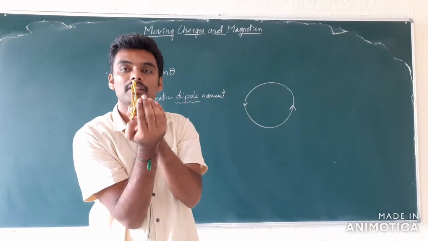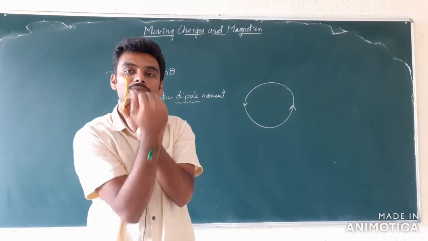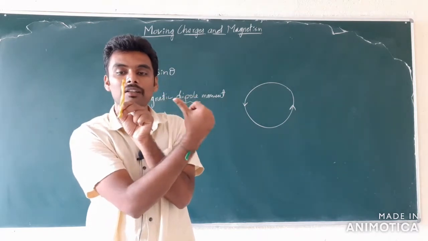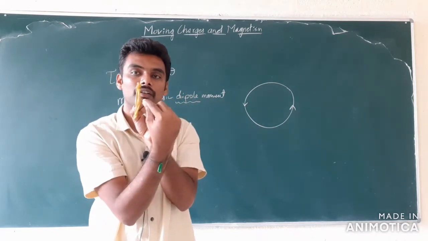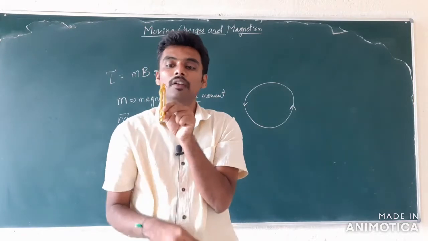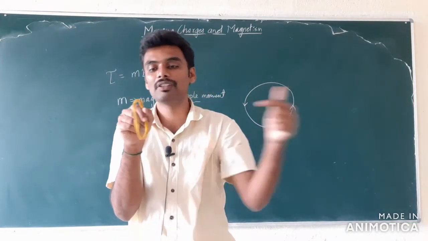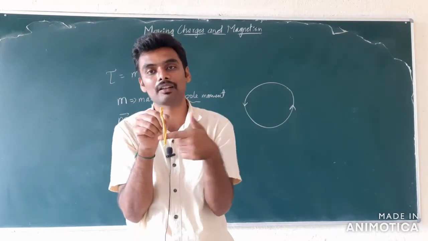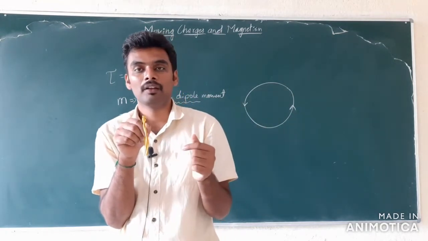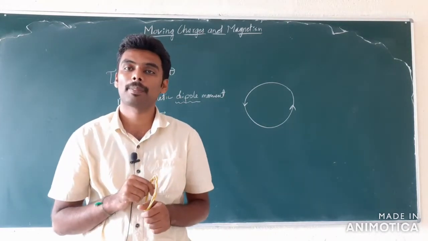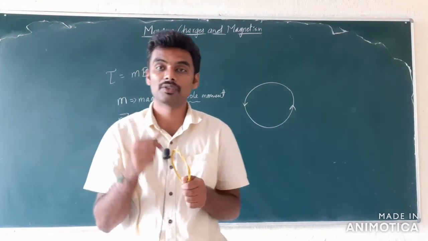In the other part, the magnetic field would be entering the coil like this, which means this is the plane to which the magnetic field is entering, or terminating. So I can call this face the south pole. So this is one logic to remember.